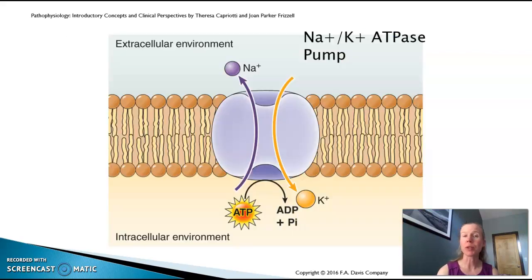Now, one of the most important proteins that you'll find in that plasma membrane is the famous sodium-potassium pump. You may recall that this is a pump, meaning that it's moving against its concentration gradient. It's using active transport, right? So we're using energy in order to push 3 sodium out of the cell and 2 potassium into the cell for each ATP used.